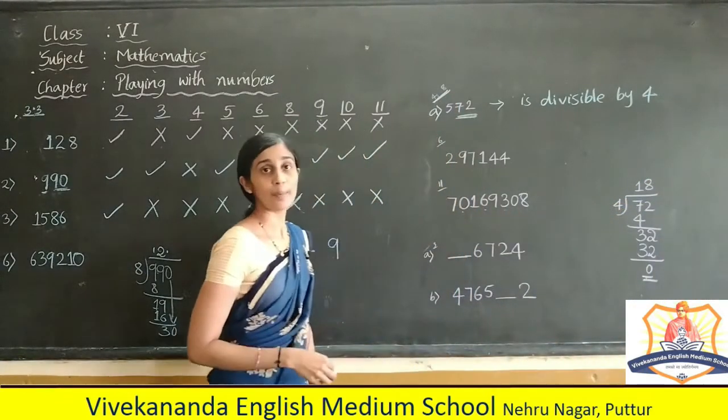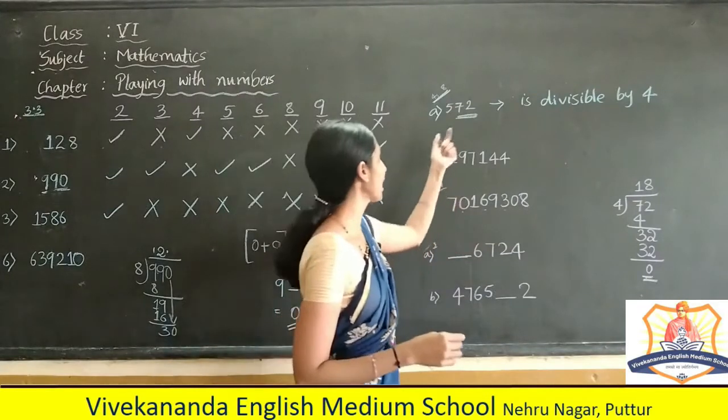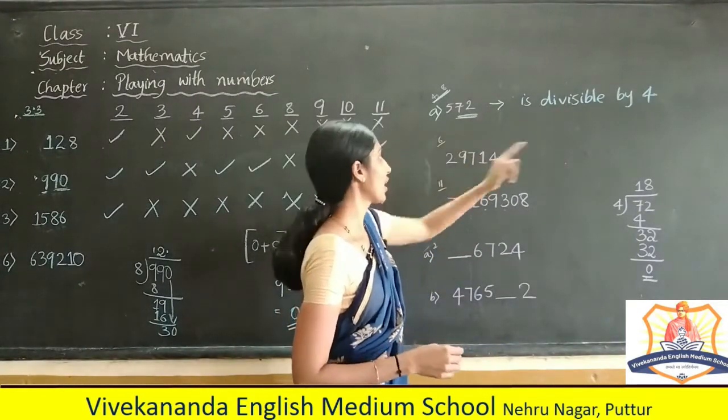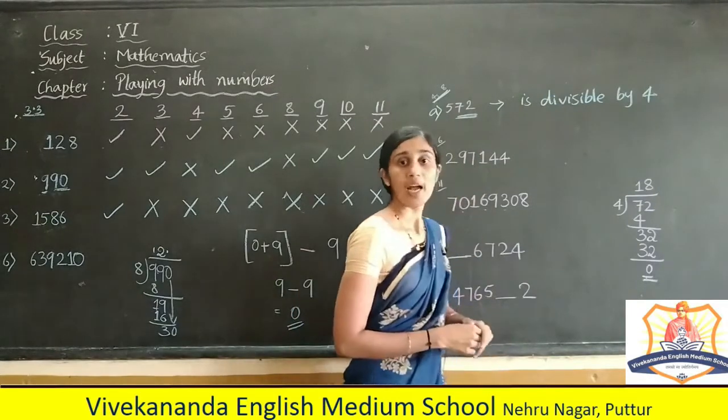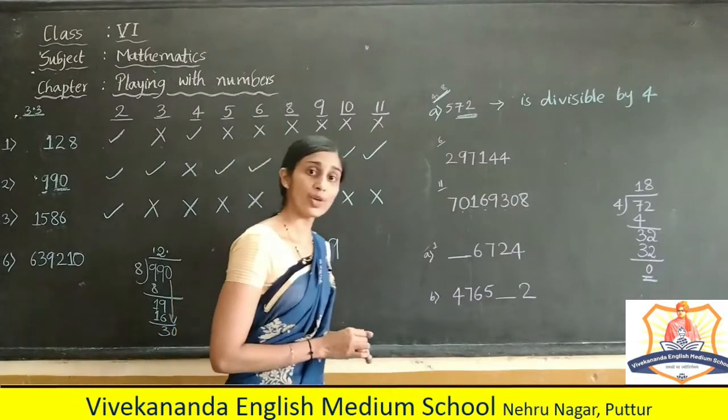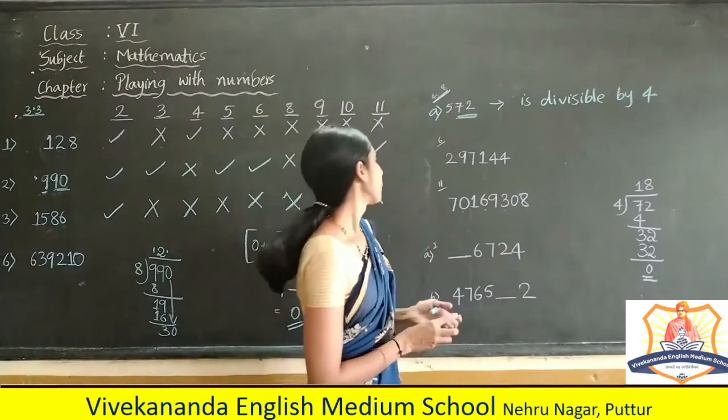Again, in order to check by 8, we should go for actual division because it is a 3-digit number. Check it. That is homework for you. And other questions are also given. Try to do it by yourself, children.